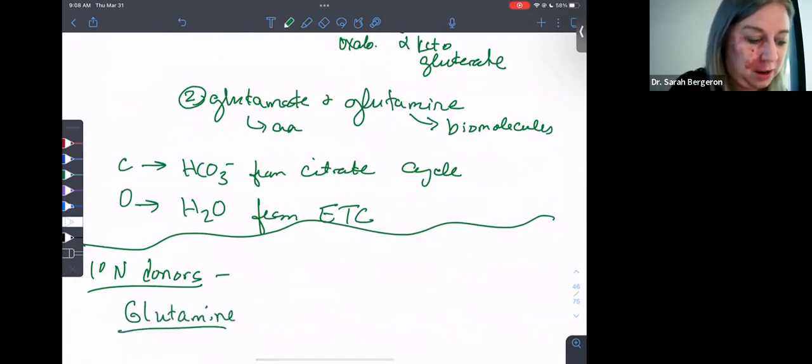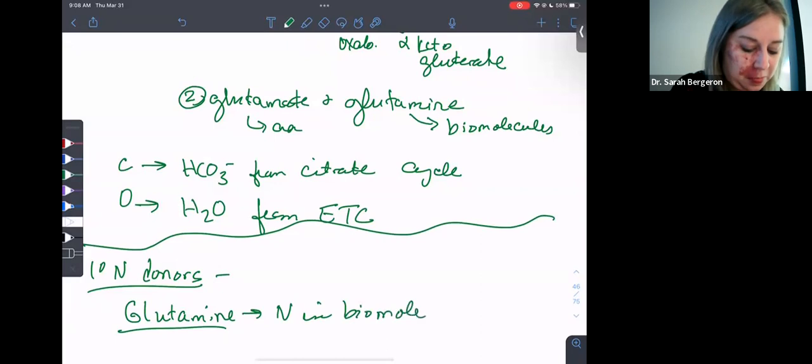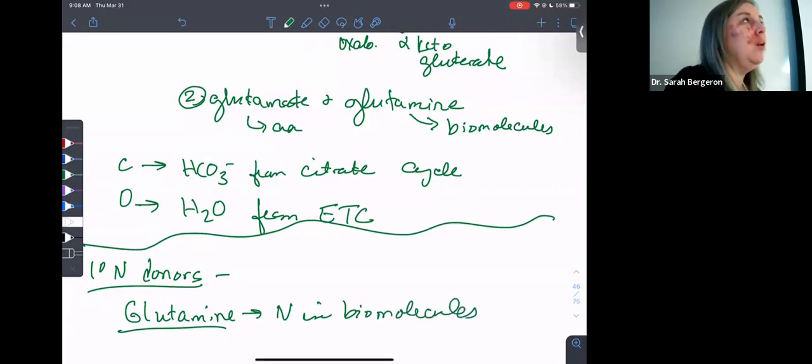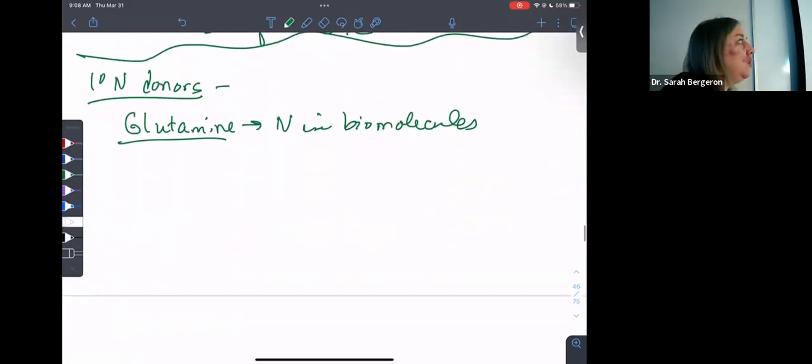Okay, so let's talk about glutamine. Glutamine, we said, is a nitrogen in the biomolecules. So how do we transfer it? You've got to think, where are you making this glutamine? If it's in all biomolecules, where are all the biomolecules? Everywhere, right?